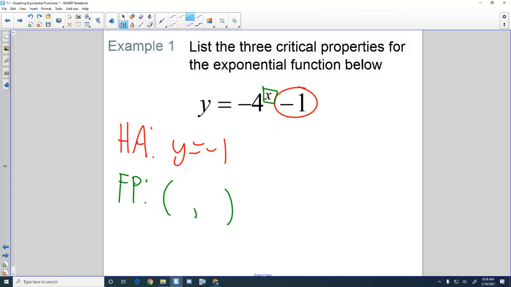But in this case, since it's not like an x plus something or an x minus something, what number do I use for that x coordinate? If there's no number there, what number should we use? If there was a 1, it would actually say like an x minus 1 or an x plus 1. But if there's no number, what number represents nothing? A 0. It's like an x plus 0 would just be an x. So this first point is at 0.